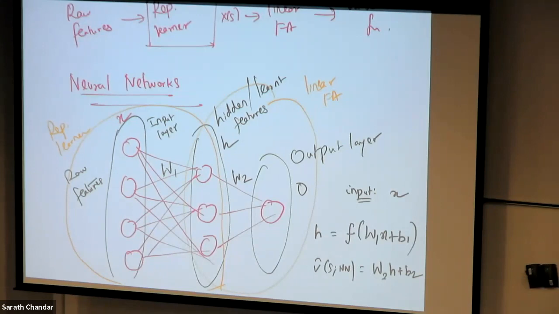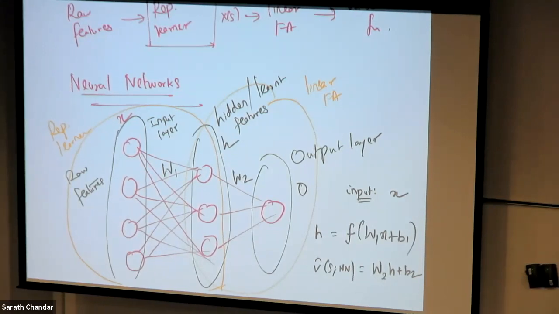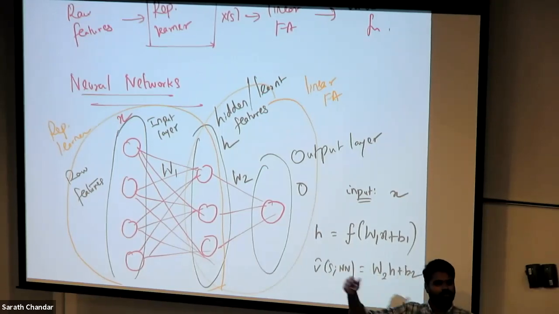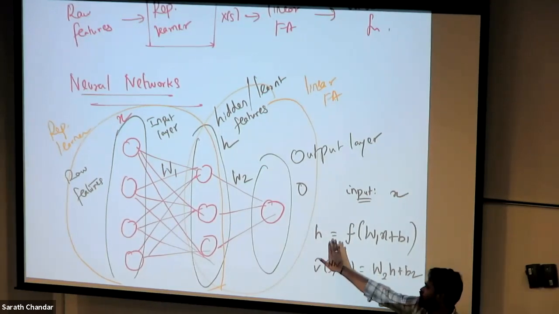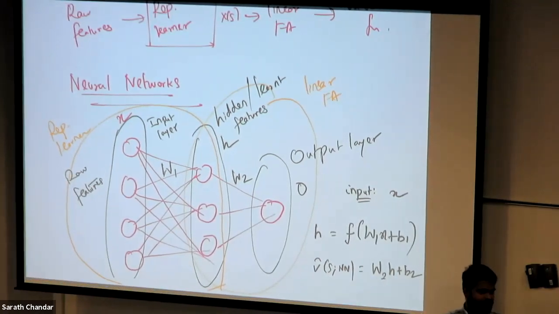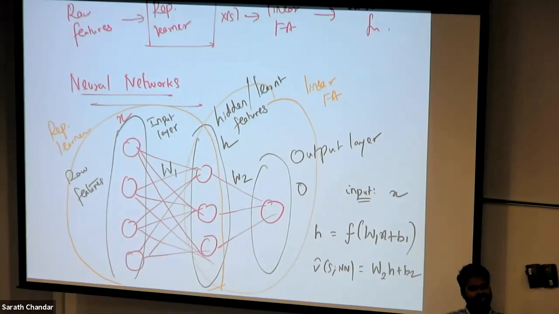Similarly, even for tile coding, you decided all the tiles manually, and then you constructed H to be one vector which has 1 or 0 for all the tiles, and then you passed that H to the value function approximator, right? Instead of that, we are taking a general approach here.